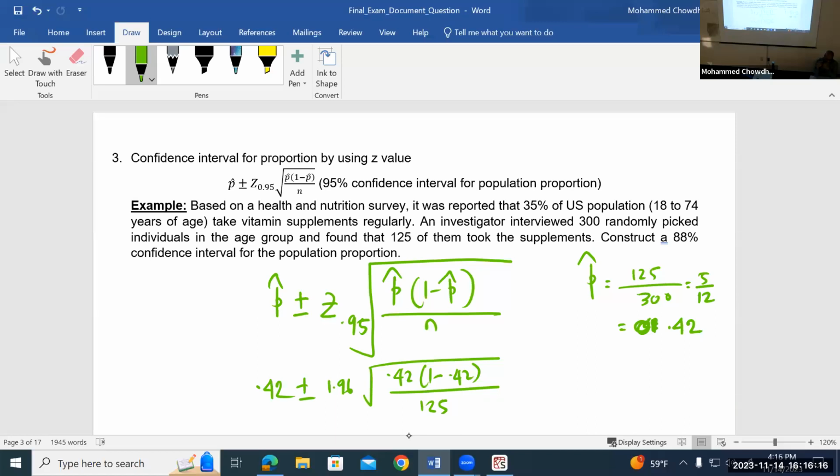And after doing these things, you will say that you are 95% confident that the proportion of people in the age group 18 to 74 who take vitamin supplements is between this and that. Clear, right? Okay. Yes, so 125 is the sample, is n instead of 300? Oh, this should be 300. Thank you. This should be 300.